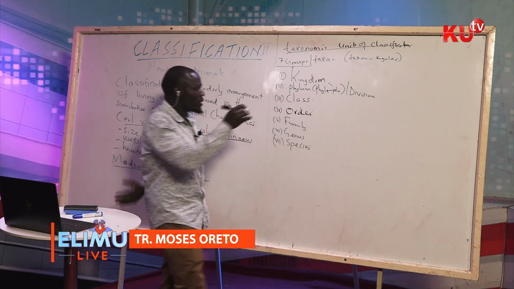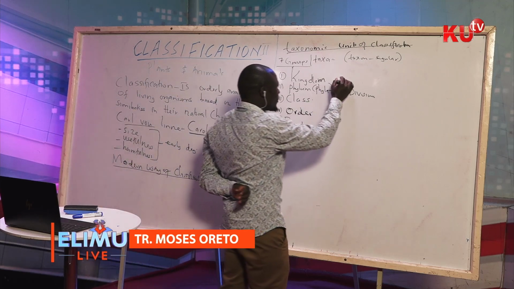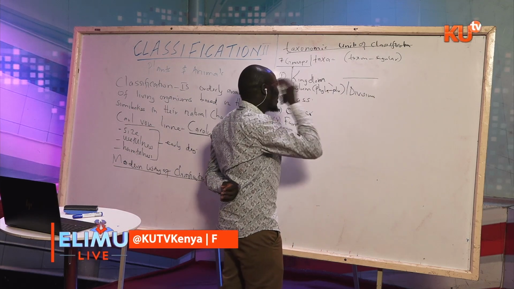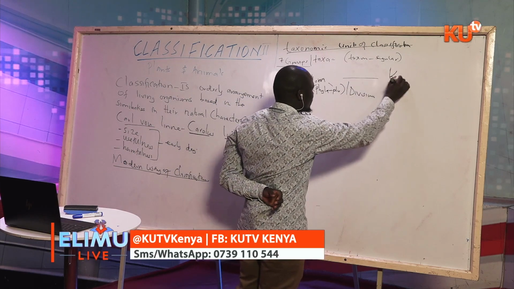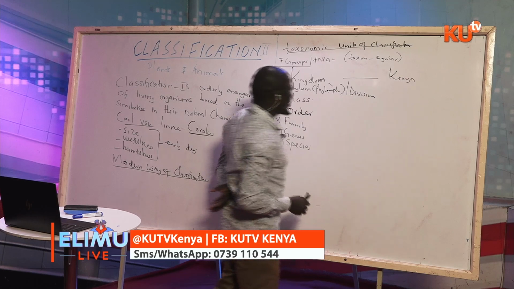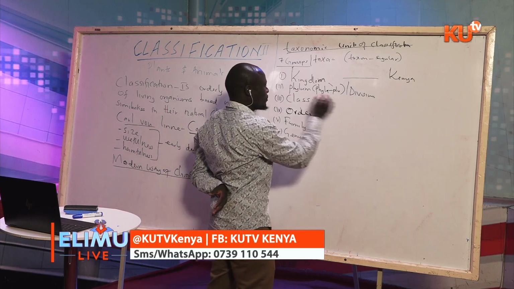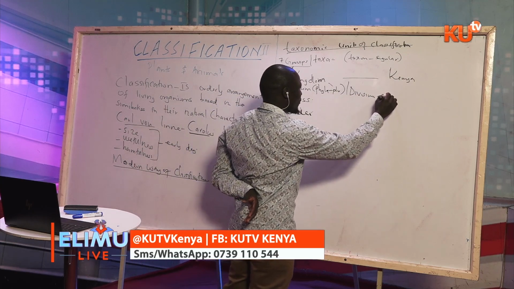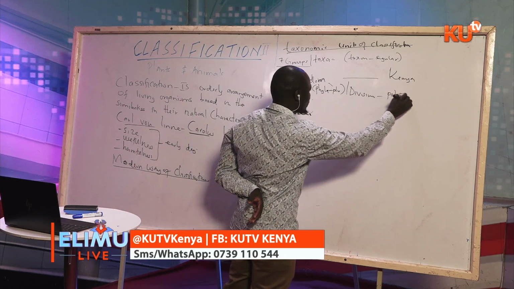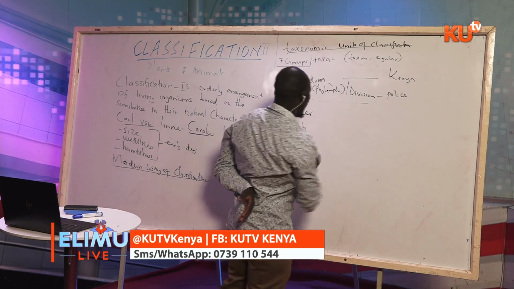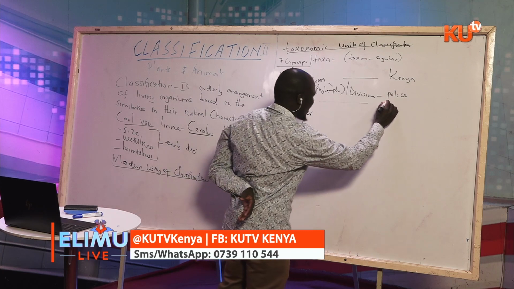So I always start with kingdom. For this case, I always say, let it stand for Kenya. Then P, let it stand here for the police. Then this one, let it be can.